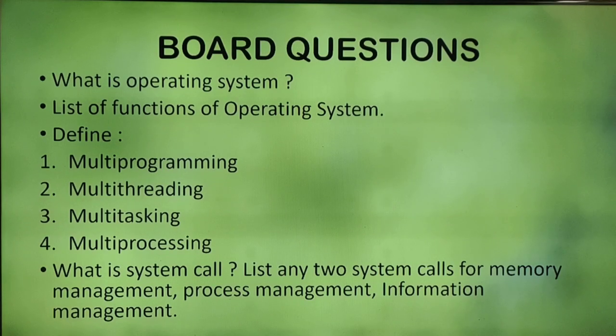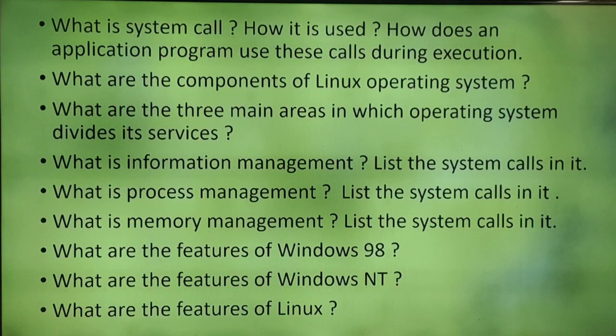What is a system call? List any two system calls for memory management, process management, and information management. What is a system call? How is it used? How does an application program use these calls during execution?